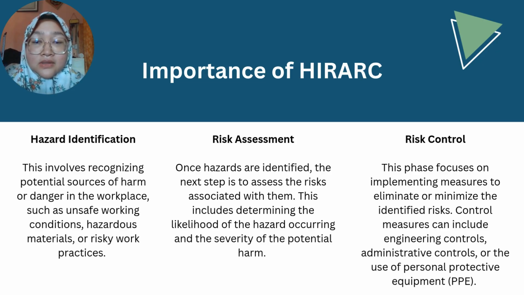Next is risk assessment. Once hazards are identified, the next step is to assess the risk associated with them. This includes determining the likelihood of the hazard occurring and the severity of the potential harm. Last is risk control. This phase focuses on implementing measures to eliminate or minimize the identified risk.